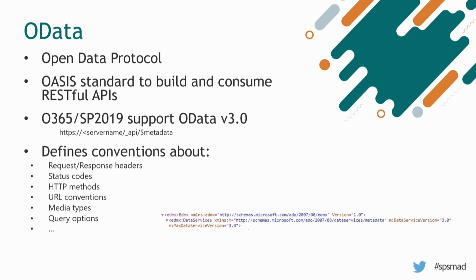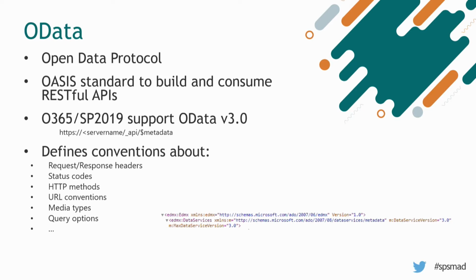There is one gotcha here, because SharePoint supports right now OData in version 3. We can check it. We will execute the query to the $metadata API endpoint. Let's quickly do that. So I will grab the name of my tenant.